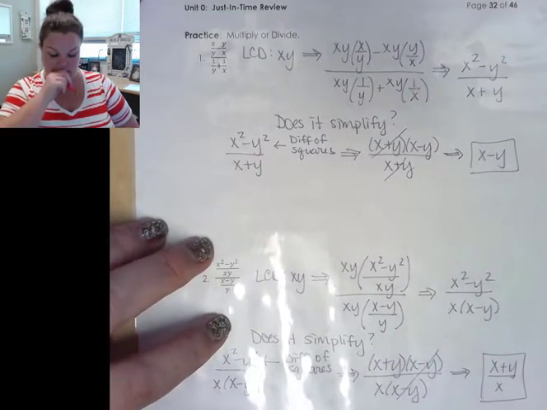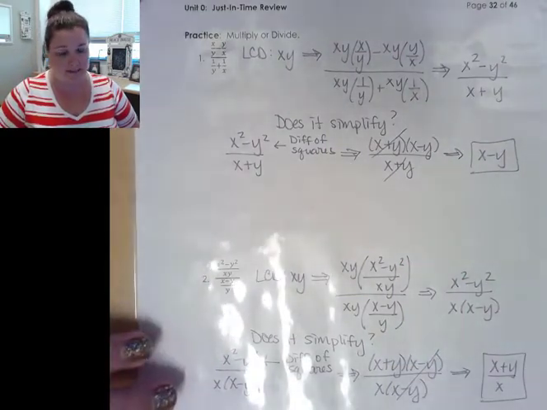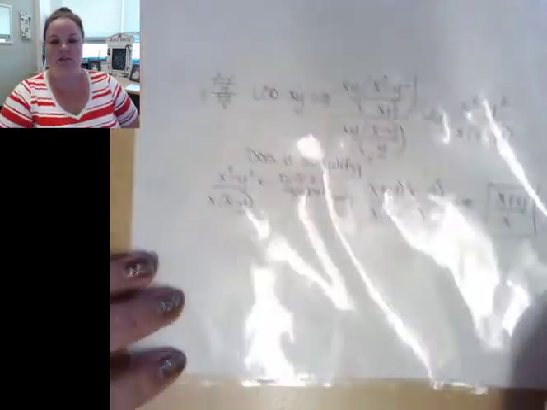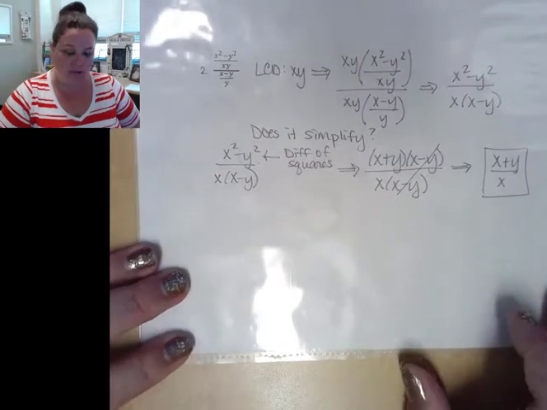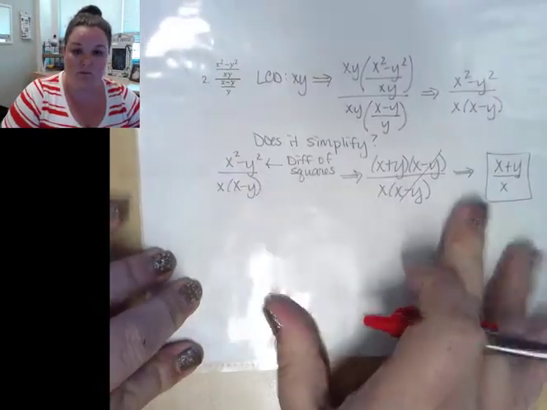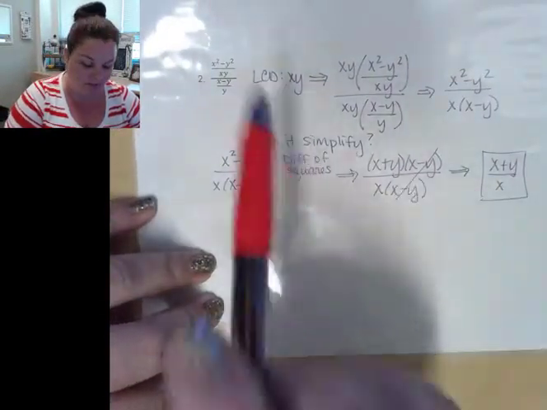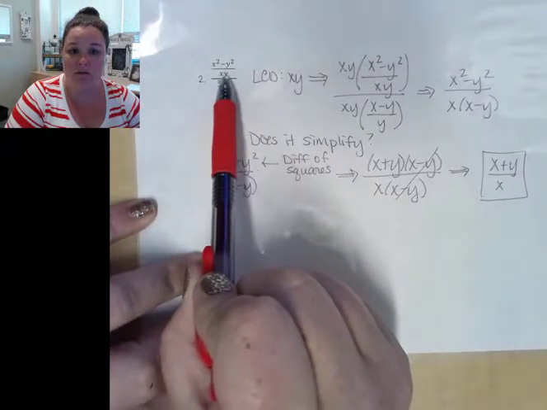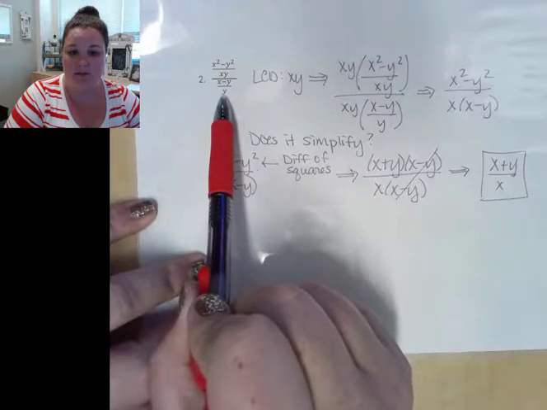Okay? Excuse me, if I'm going fast, feel free to pause it. Go through this at your own pace. Number 2, when I look at my two denominators, I have an xy in the denominator and a y in the denominator.